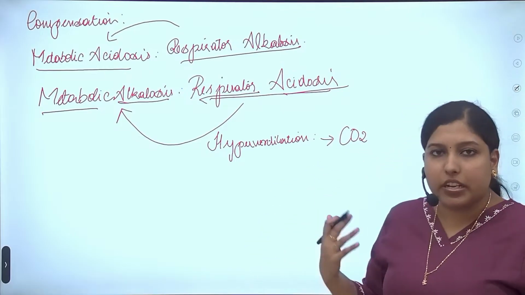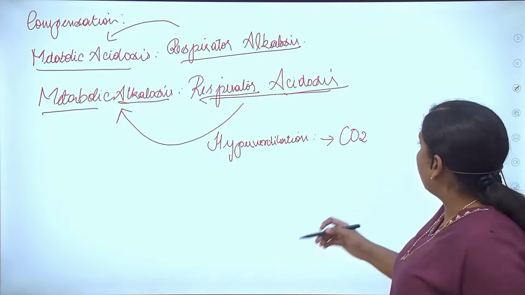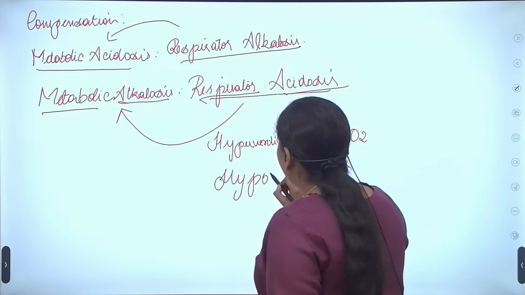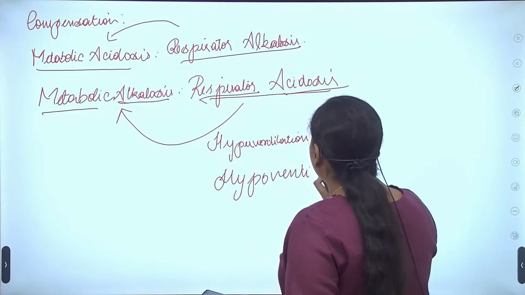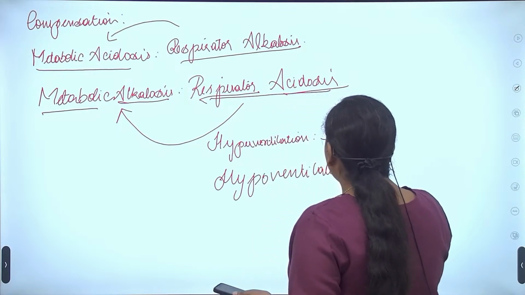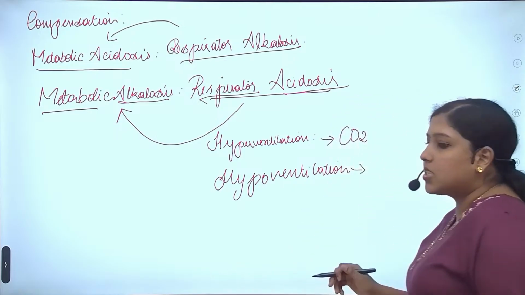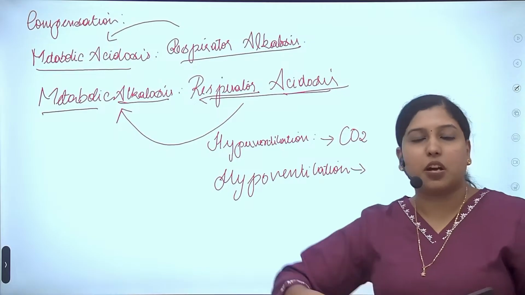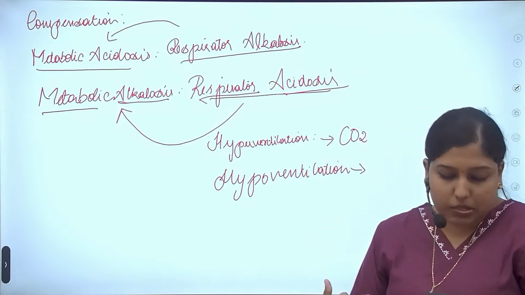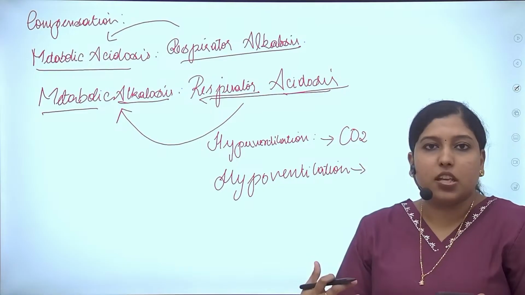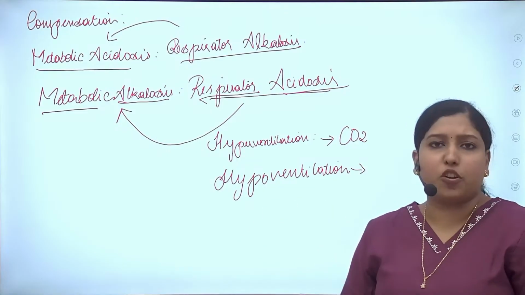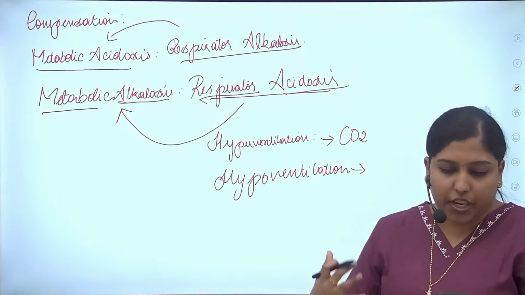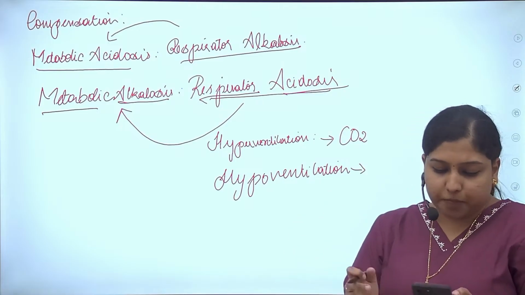On the other hand, when you talk about hypoventilation, my respiratory system is so much declined, for example in a patient of COPD or asthma, or a patient in opioid toxicity.